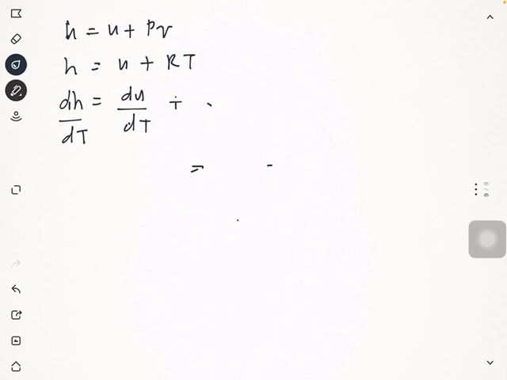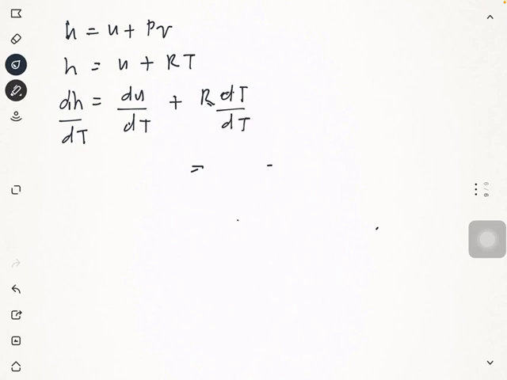Okay, so here we have H equivalent to U plus PV, and this is H equals U plus RT based on the equation of state. So when we take the derivative of H with respect to temperature, because this is a function of temperature, this is dU over dT plus R dT over dT.